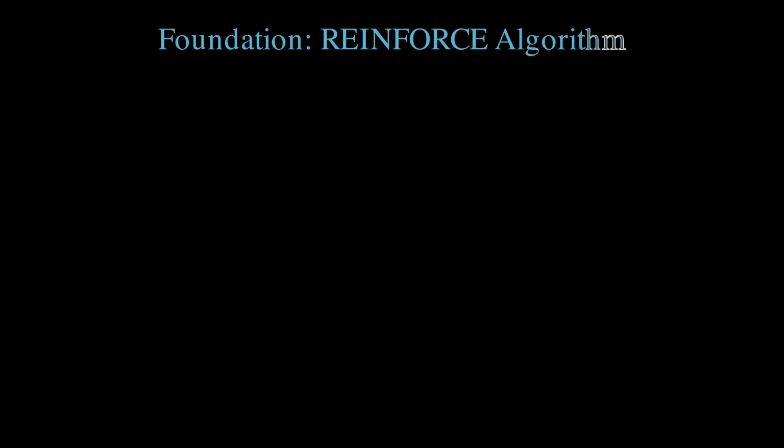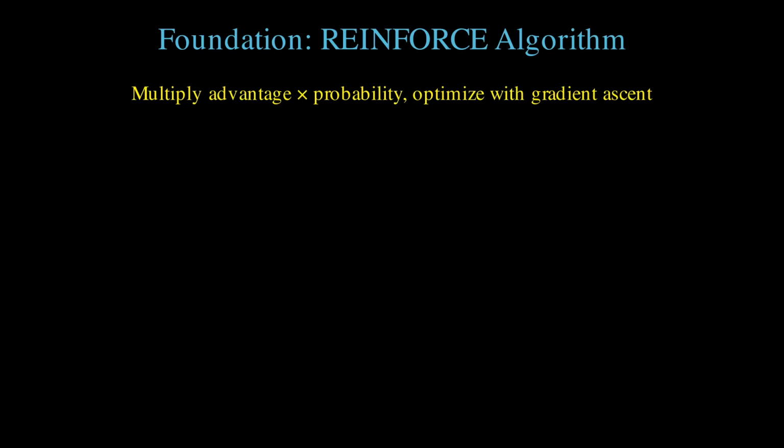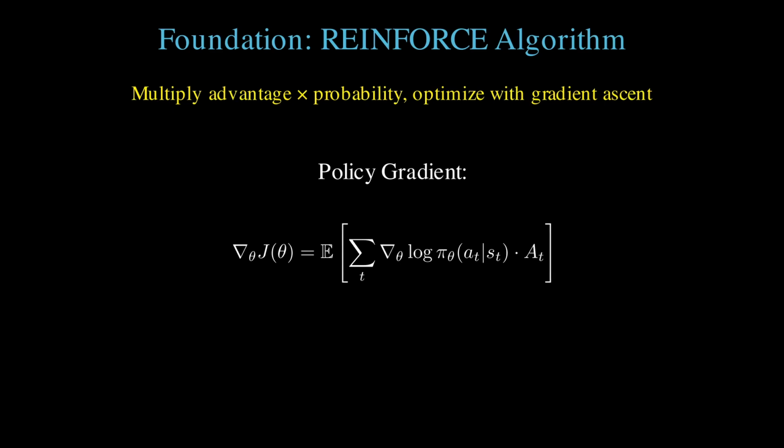We multiply the advantage by the original probability and optimize this with gradient ascent to maximize the amount of reward the model receives, meaning that if the model predicts a high probability for an action that is better than the average, the multiplication becomes large and the model is optimized to increase that probability in the future. If the model predicts a high probability for an action that is worse than average, the multiplication becomes negative and the model is optimized to decrease that probability in the future. This simple algorithm is called REINFORCE, and it will be our foundation.